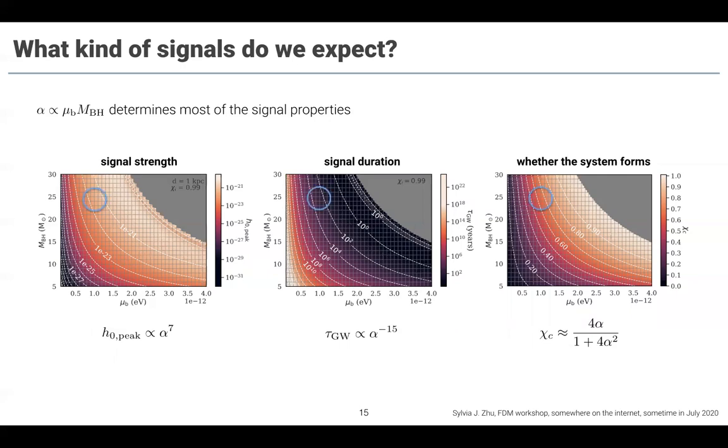And you can see that if you have a system of, let's say, a heavier black hole and maybe a lighter boson, where the signal is fairly loud at birth, with a strain a couple orders of magnitude higher than our noise floor, the problem is that the signal decays on a time scale of around 1,000 years or so.